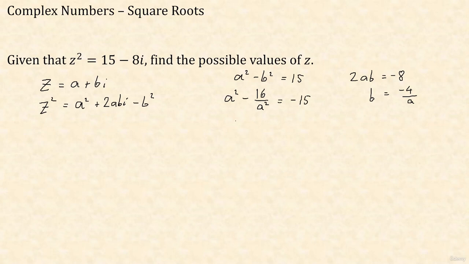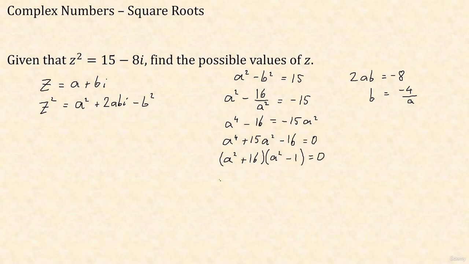Same trick as before, multiply through by a squared, and we get a to the 4 minus 16 equals 15a squared. I can subtract that from both sides to get a to the 4 minus 15a squared minus 16 equals 0. Again, you can solve this however you like. I'm just going to factorize. I get a squared plus 16 times a squared minus 1.